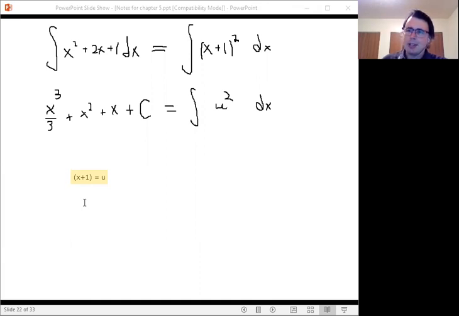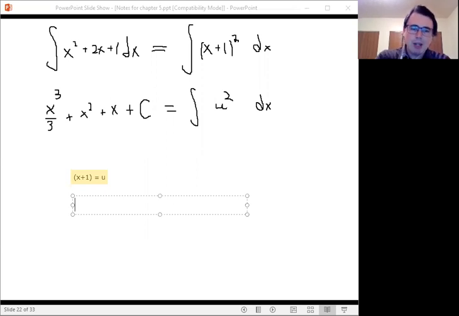In calculus, every time we change variables, like the formula I'm using here, u is just a different name for x plus 1, then I need to calculate the differential of both sides. This is the same way as we've been doing for implicit differentiation. You might remember that from a couple weeks ago now.